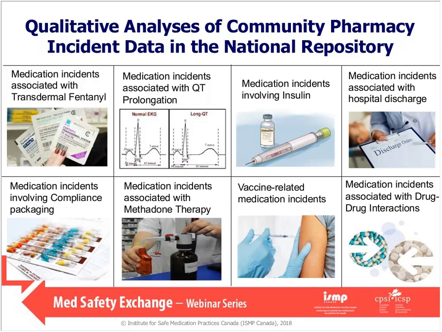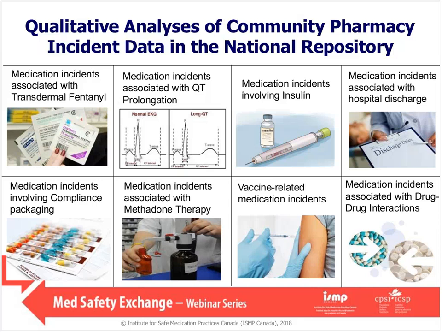So to continue on from what Jim had presented, in addition to the quantitative analysis work that Jim had outlined, we also conduct qualitative analysis of community pharmacy data, particularly multi-incident analyses, which I'll be referring to as MIA for short. What you see here are some examples of the many MIAs that we've conducted and published based on community pharmacy data.